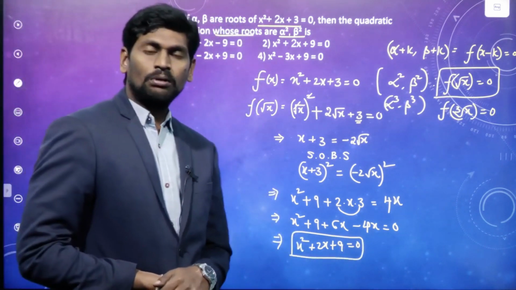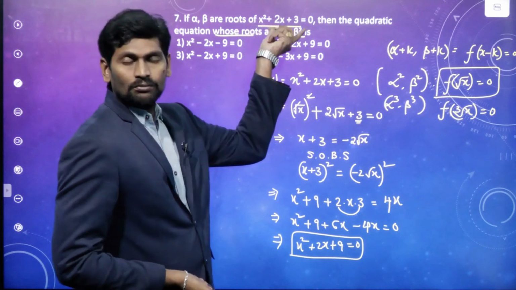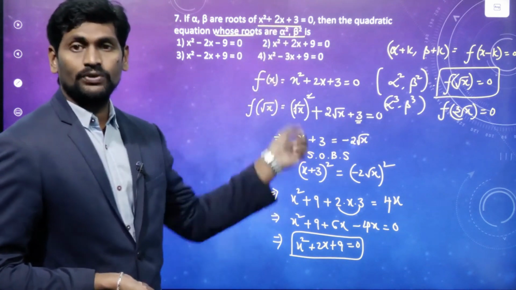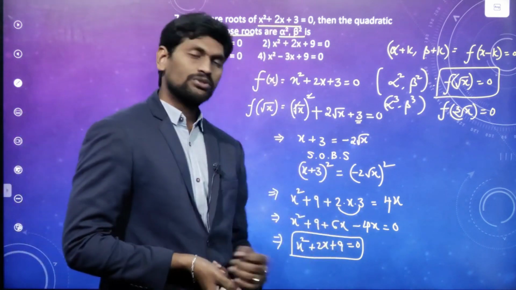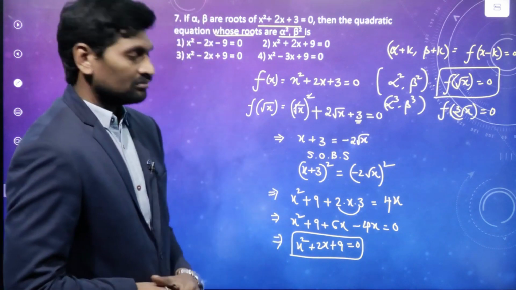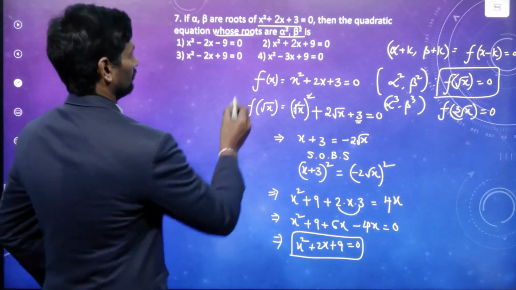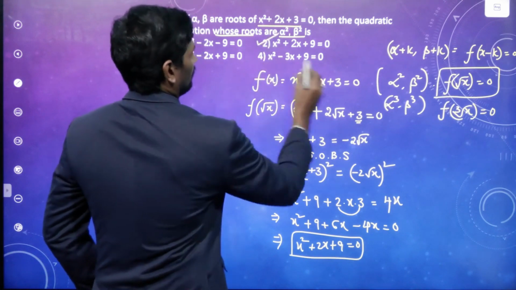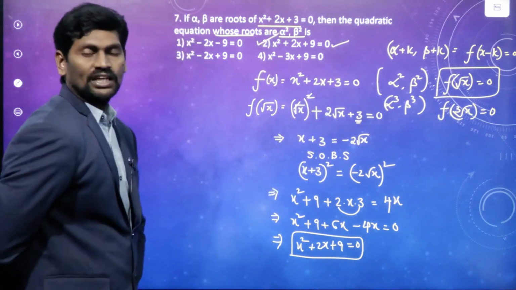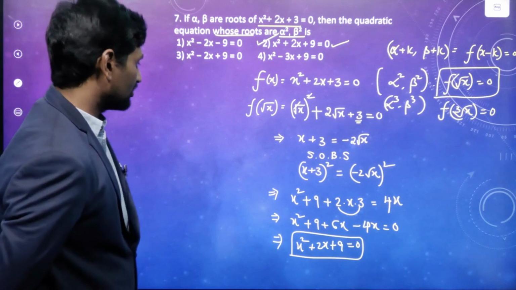So if alpha, beta are roots of x square plus 2x plus 3 equal to 0, then alpha square, beta square are roots of x square plus 2x plus 9 equals to 0. This is our required answer.